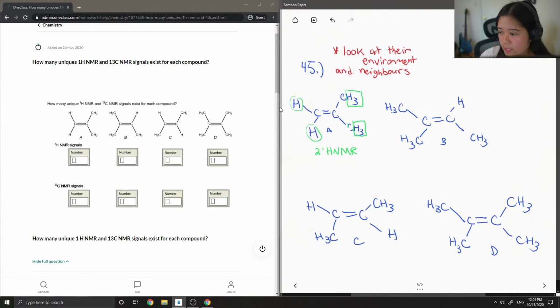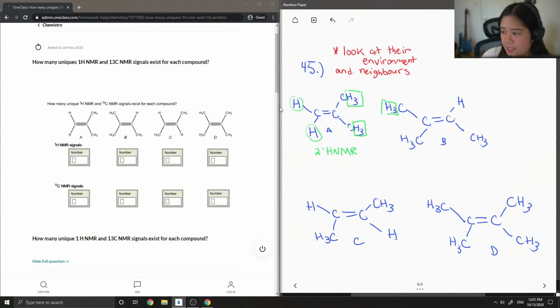And then we can do the next one. This hydrogen, if you look at its neighbors, is beside a single proton and also beside another CH3. This CH3 is beside 2 CH3s.